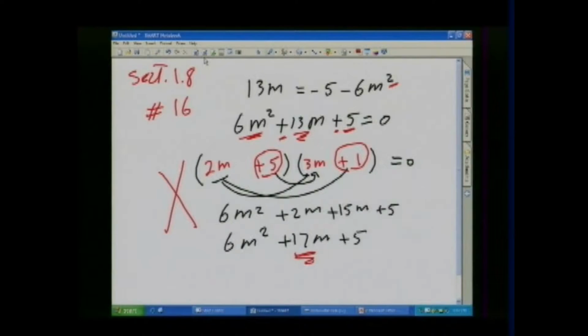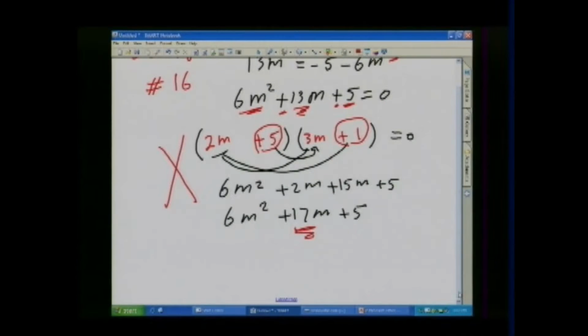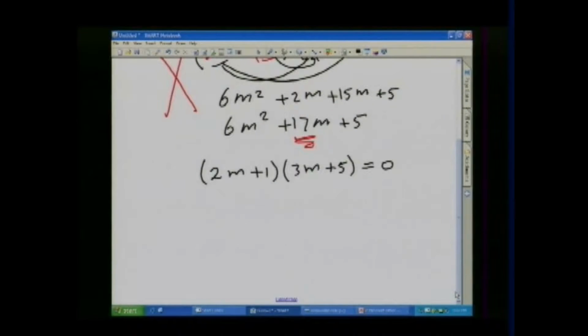So let's switch it and put 2m plus 1 times 3m plus 5 equal to 0. Now, if you multiply these 2 parentheses together, you do get the original equation. I'm not going to do that now. Now, you have the multiplication of 2 terms equal to 0.